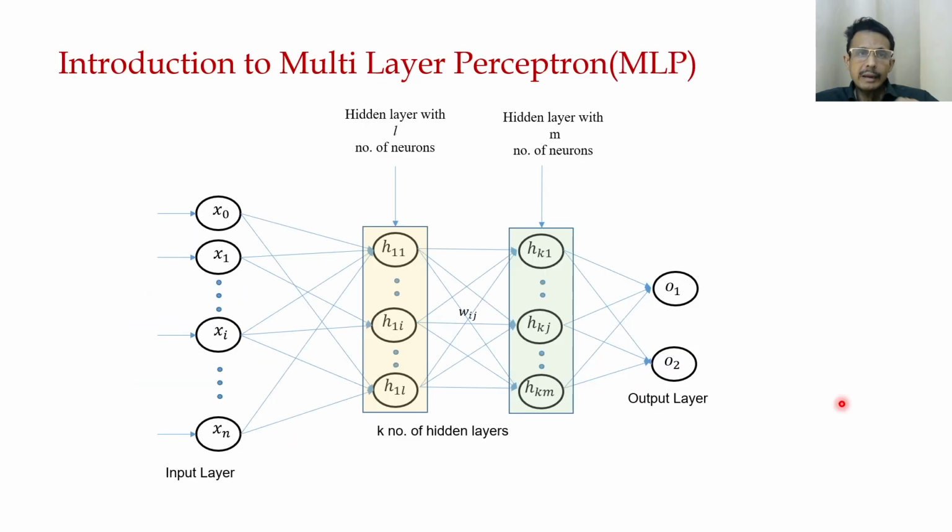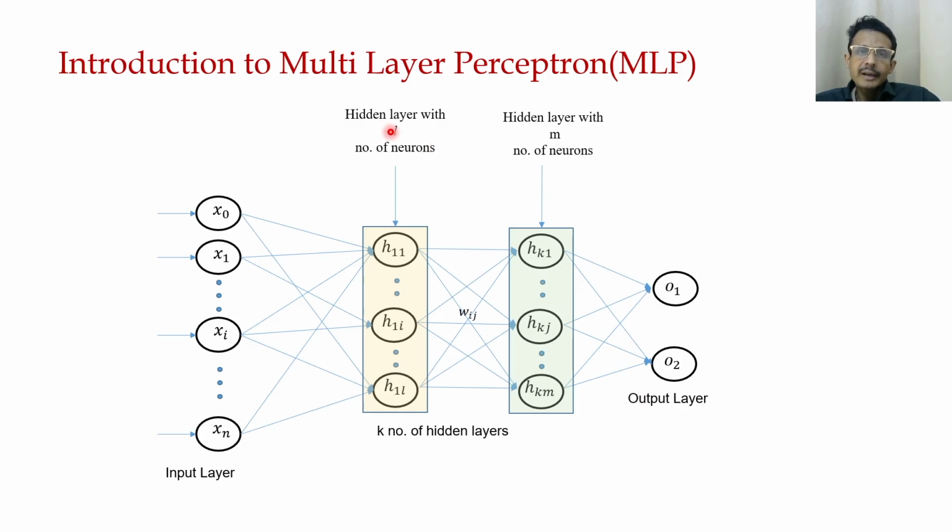Now we are going to understand the basic architecture of the multi-layer perceptron. As we have seen before, multi-layer perceptrons have one or more hidden layers between the input and output layers. For example, in this case we have k hidden layers, one input layer and an output layer.